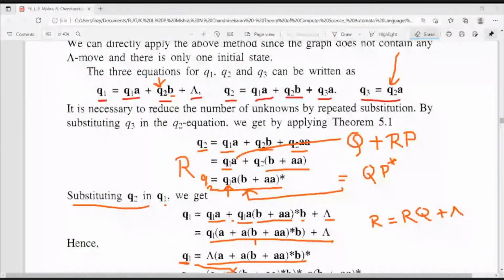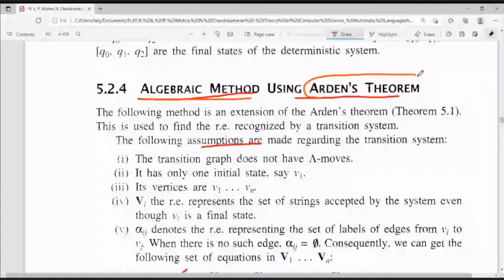So ultimately we'll get the expression that was desired. So let us go through the theory. Algebraic method using Erdős theorem. The main theorem which we are using is Erdős theorem. The following method applies to a transition system with certain assumptions.